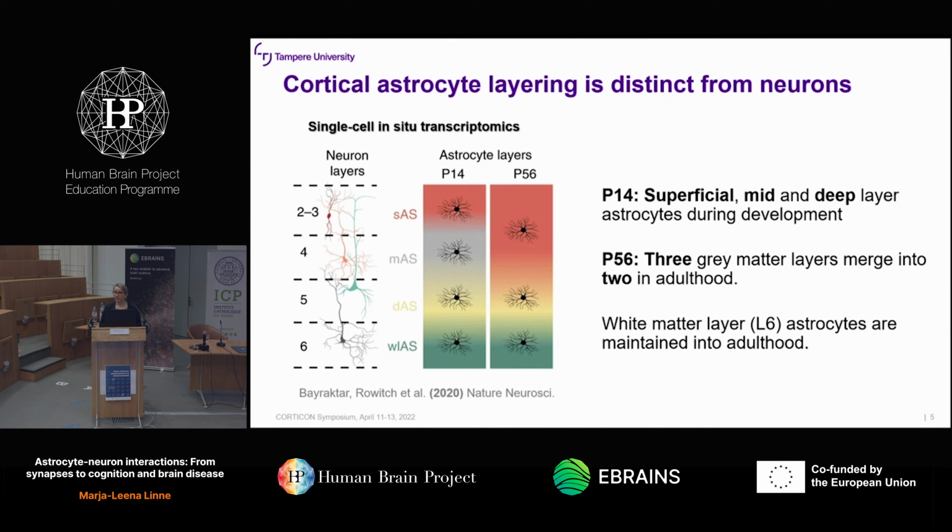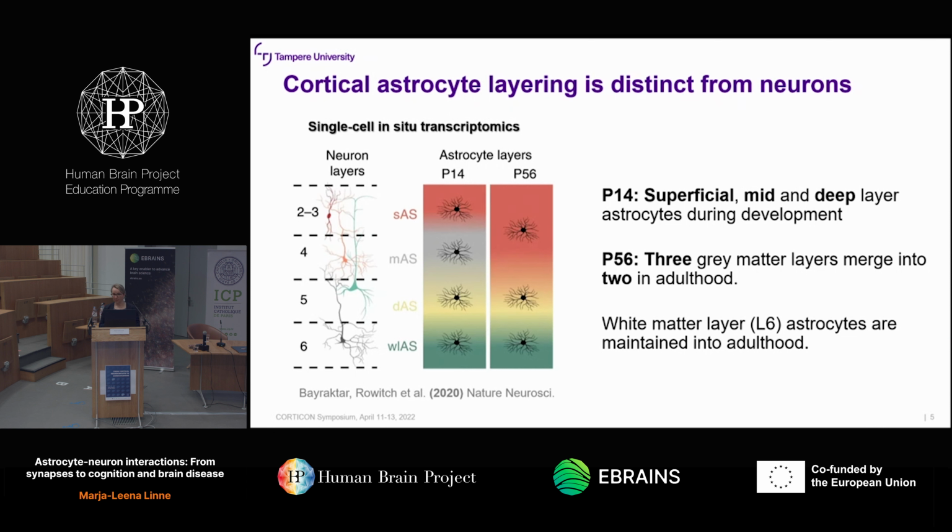From the work of Khakh's lab in 2020, we have also learned that cortical astrocyte layering is distinct from neurons. If you look at the developing system, the P14 animal, there are superficial, mid, and deep layers, so basically three different types of astrocytes during development.